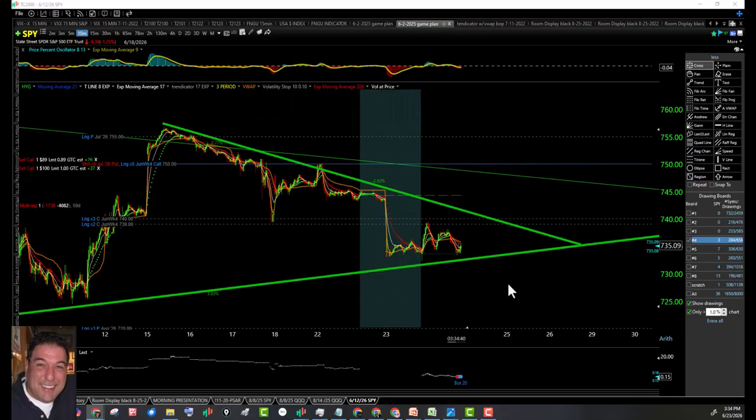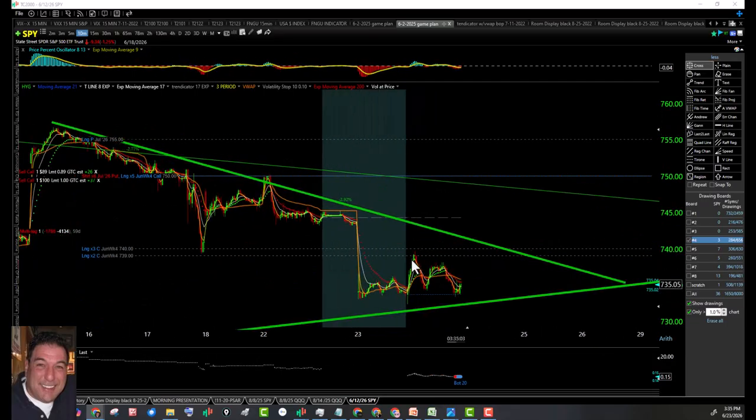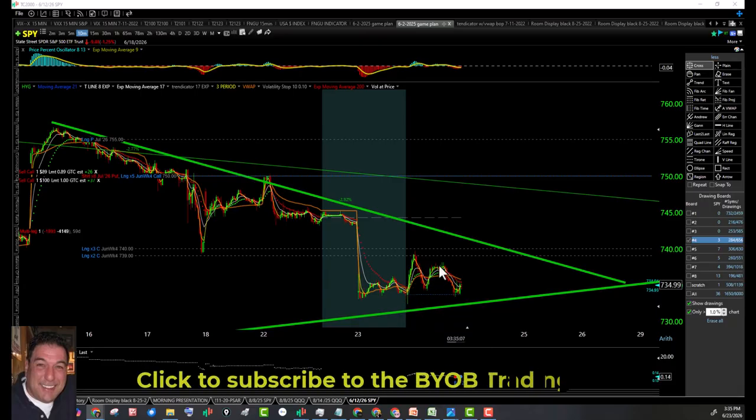So we came right into this uptrend line right here. You can see here's our uptrend line. All you do is string a straight line right here from the low on June 9th with the low on June 11th, and you can see the uptrend line right through there, and you can see price action kind of pulls right into it right there and reverses out of there.